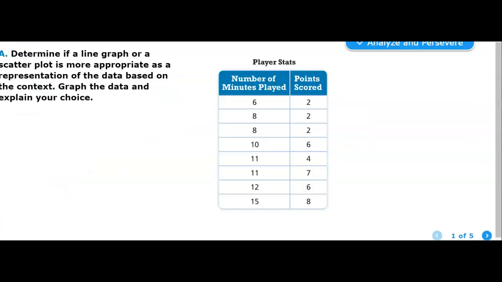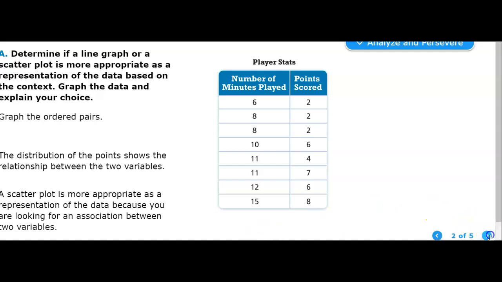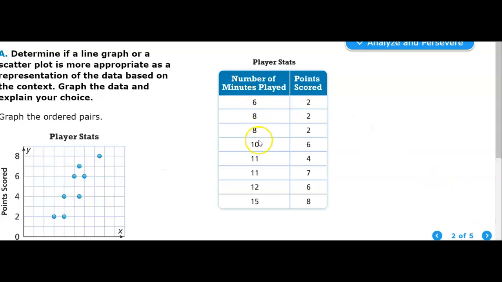Determine if a line graph or a scatter plot is more appropriate as a representation of the data based on the context. Graph the data and explain your choice. Here is the data for the player stats, the number of minutes played, and the number of points scored by the players.